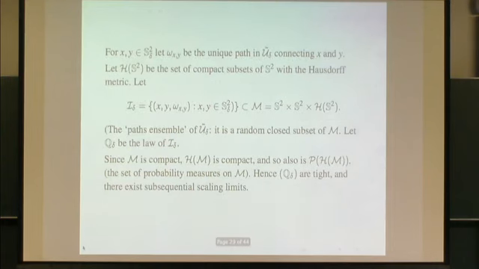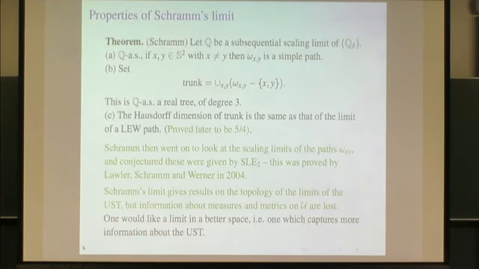I mean, this would work in any compact space or space that you can compactify. So in some sense, at this point, Schramm had not done that much. But of course, what was really great about his paper was the subsequent investigations he made on the limit that you get.